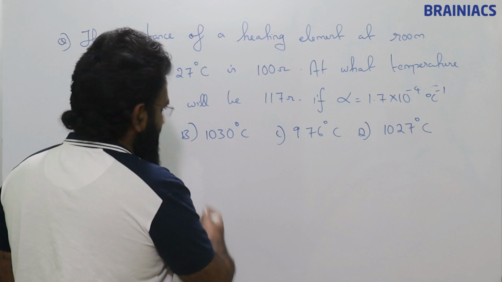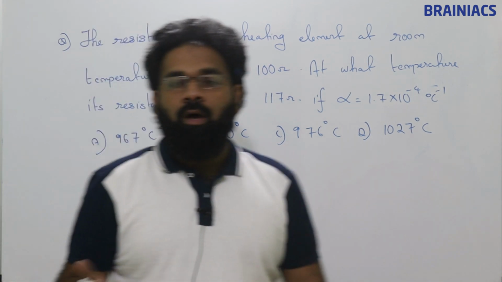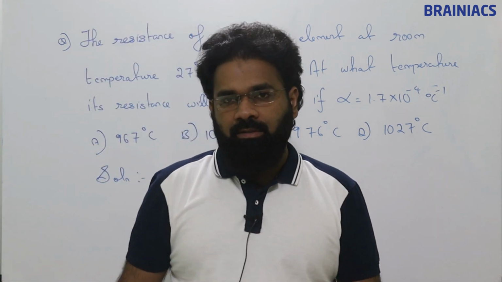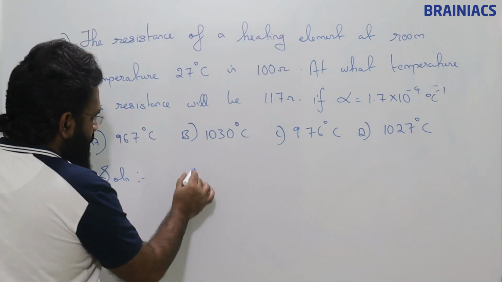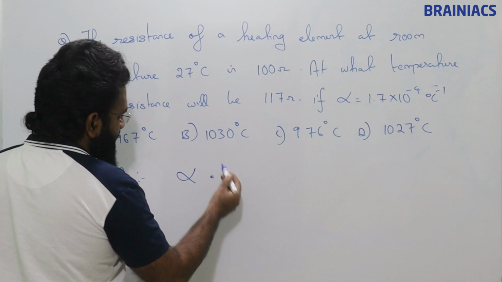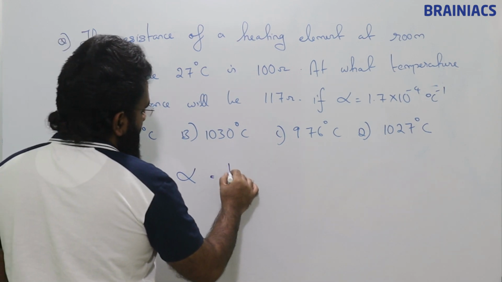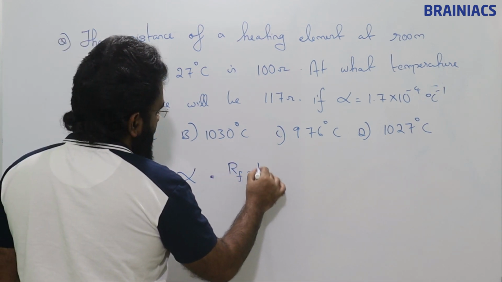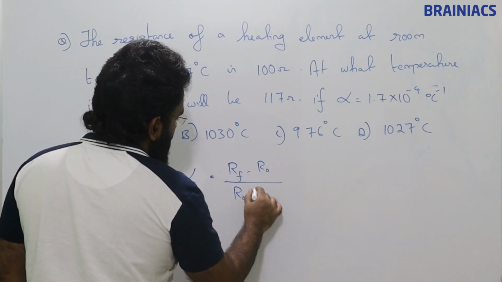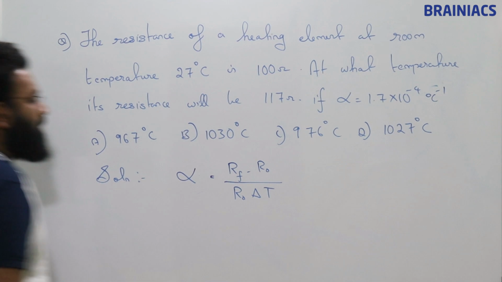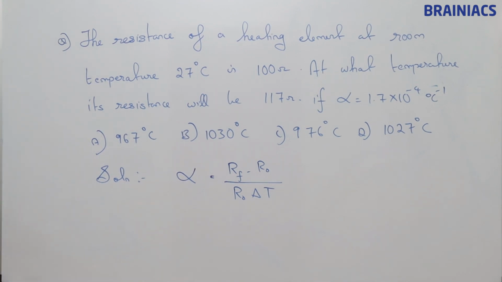By Rf is equal to R0 into 1 plus alpha delta T, that is the formula. But directly, it is better to use this formula: alpha is Rf minus R0 divided by R0 into delta T, and in delta T we can substitute Tf minus Ti.